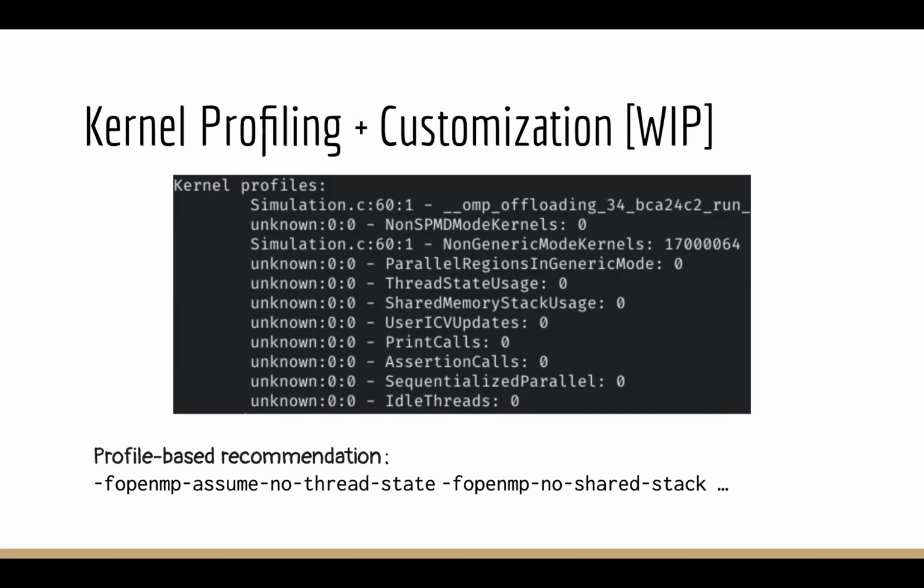But the idea is that you enable it at compile time, and it will tell you how you execute your program, how you execute your offloading kernels, your offloading regions, in what kind of modes you execute them, how often, and what features of the OpenMP runtime you're using. And based on this profiling, we can then recommend options that you can use to specialize your runtime and thereby pay less overhead.